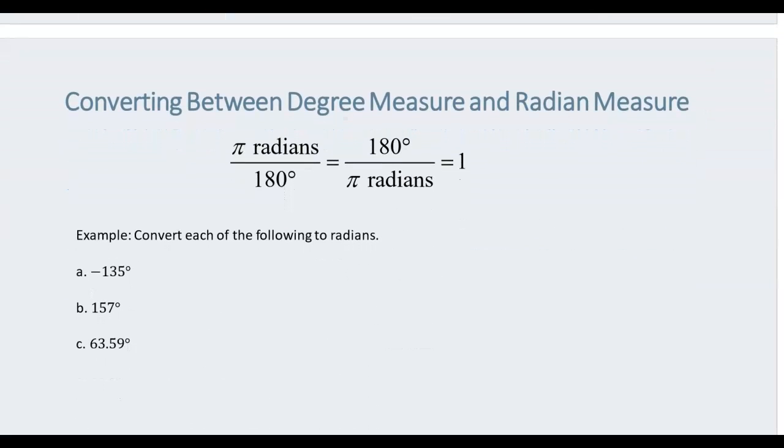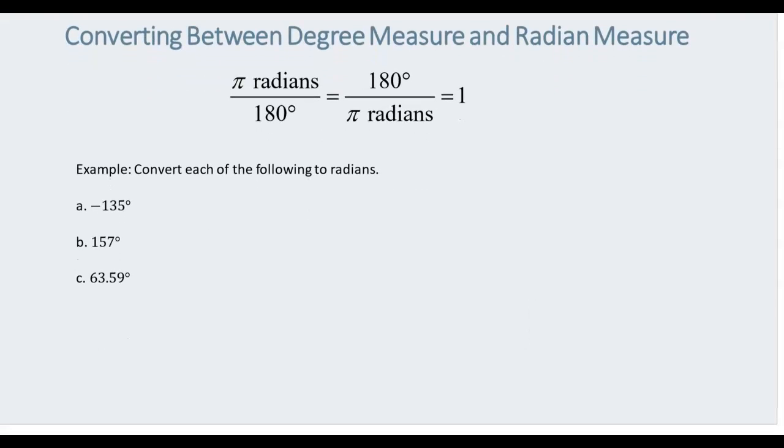So as we were just mentioning, if we want to convert back and forth between radians and degrees, we use the conversion that pi radians is equal to 180 degrees. So for example A, if I wanted to start with negative 135 degrees, I'm going to write it as a fraction. And then I'll multiply by one of these unit conversions.